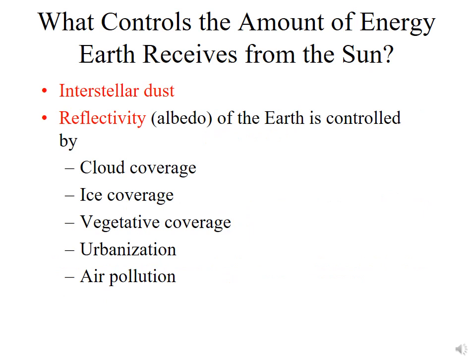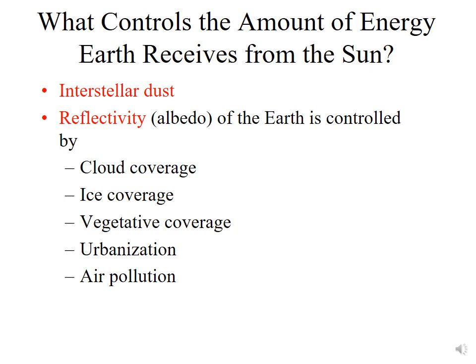So what controls the amount of energy that the Earth receives from the sun? Clearly, interstellar dust is going to be important. Once the energy is emitted by the sun, if there's interstellar dust between the sun and the Earth that absorbs some of that, then it would reduce the amount of radiation that we receive from the sun. And there's absolutely nothing we could do about that.